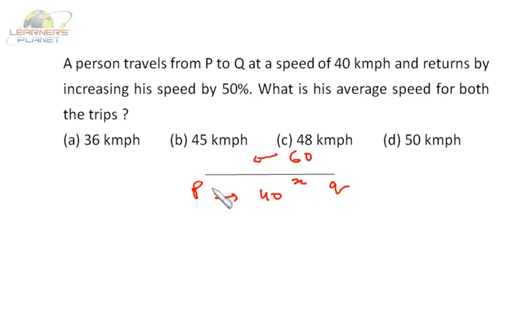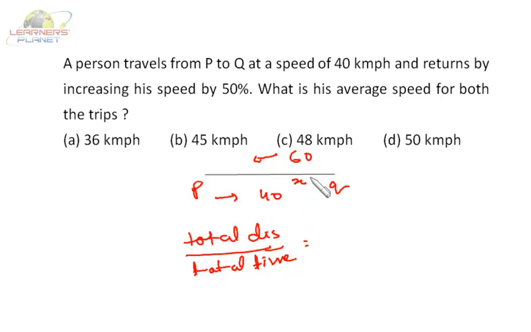Now what is the concept of average speed? Average speed is actually total distance covered divided by total time taken. So we have to calculate the total distance by total time. Now let's calculate the total distance.